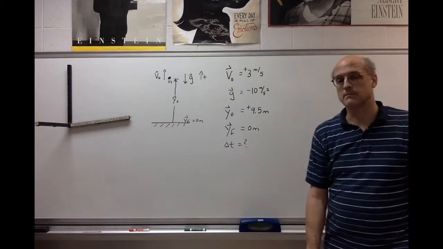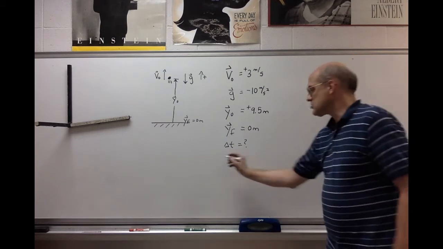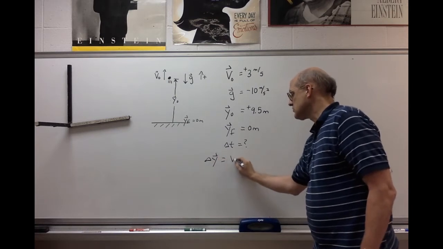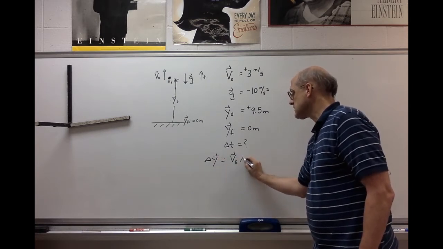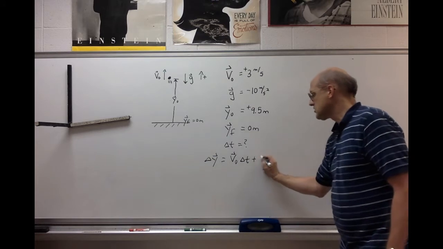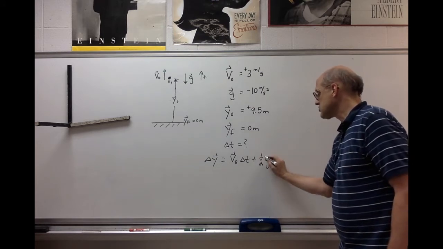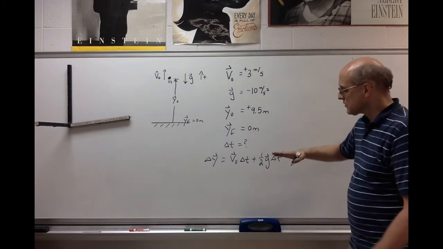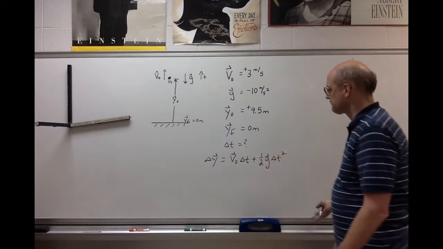We're looking for time. Well, we have the equation that the vertical displacement is equal to the original velocity times time plus 1/2 the acceleration due to gravity times the time squared. So we're going to solve this for time.